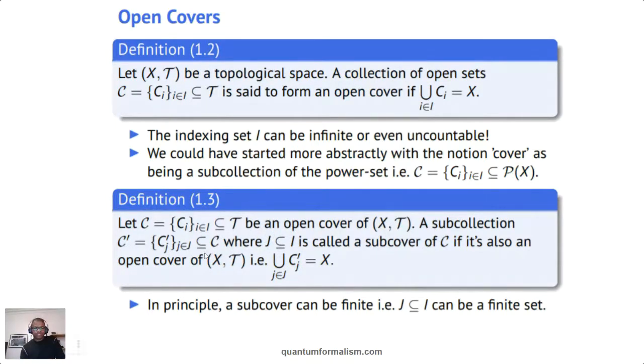So in other words, it is a subcover if you take the union of all its members, you recover X, okay? And very important, you will see in a minute why this is important. In principle, a subcover can obviously be infinite, but it can also be finite, okay? And you will see this is exactly what we want for compactness, that the subcover is finite.